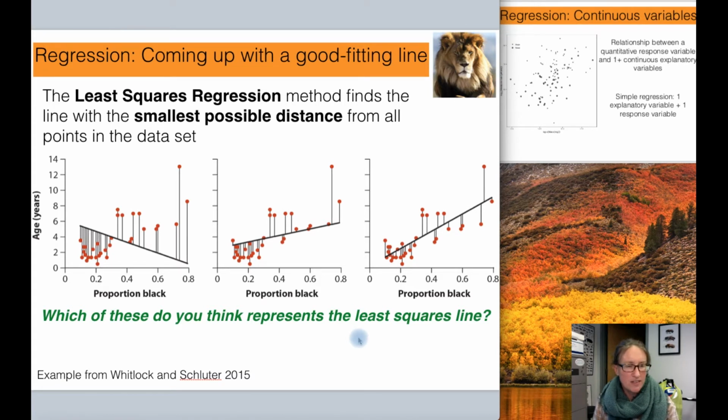To give you a sense of this, here I've got 3 different graphs with lines, and I want you to take a moment to scrutinize these and see which one you think represents a least squares line, so smallest possible distance from all the points in the data set. Once you've had a chance to do that, I'll show you what I think.